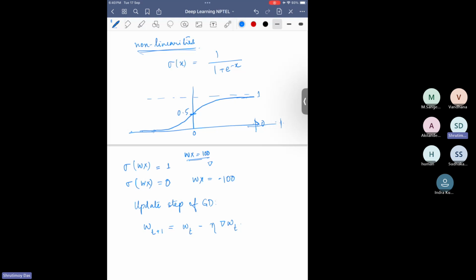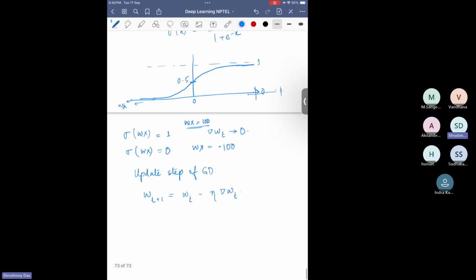And similarly, if wx is very small, then also your slope becomes very small. So that means the gradient of wt almost goes to 0. So when we come here, your wt plus 1 is almost equal to wt.